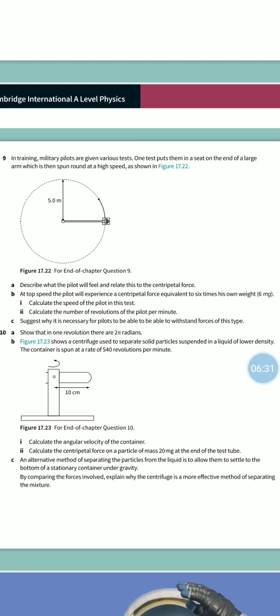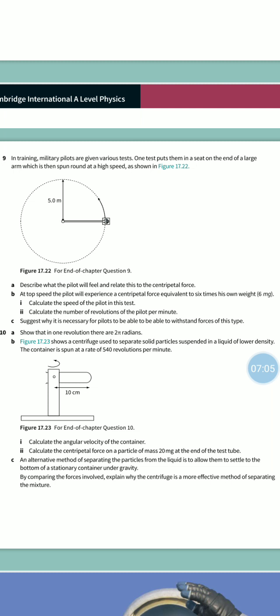So to train these military pilots, they are not asked to train themselves in real life situations, because they might faint. They all faint at the beginning. So to make sure that they don't faint while they are piloting the plane, they are given a lot of training. Now let's answer the questions.